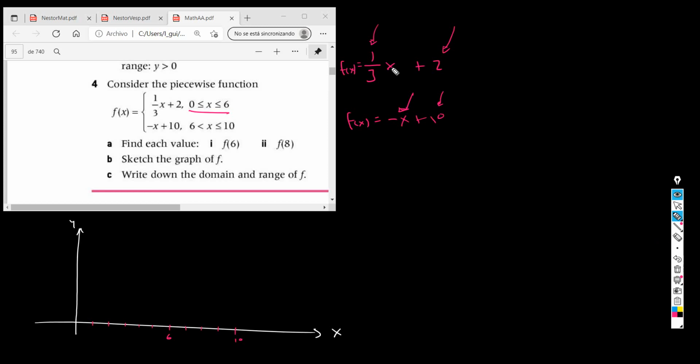So for example, if you give x the value of 0, then f of x is going to be 2, right? So for this one, we have (0, 2). And if you give x the value of 1, you get 1/3 plus 2, which is 7/3. If you give x the value of 3, I'm doing this very quickly in my head, you will get 3.